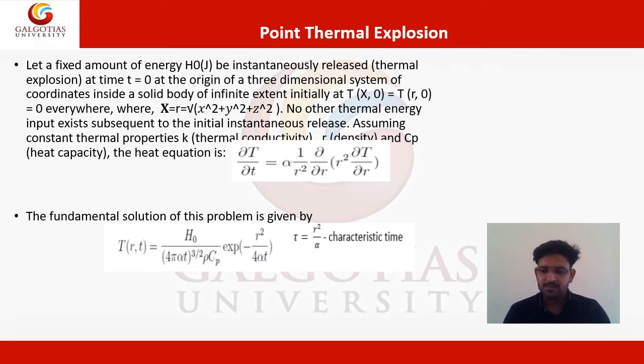Your point thermal explosion is a case of unsteady heat conduction where the variation of temperature with time and with space is studied, and this solution is an exact solution that we have derived.